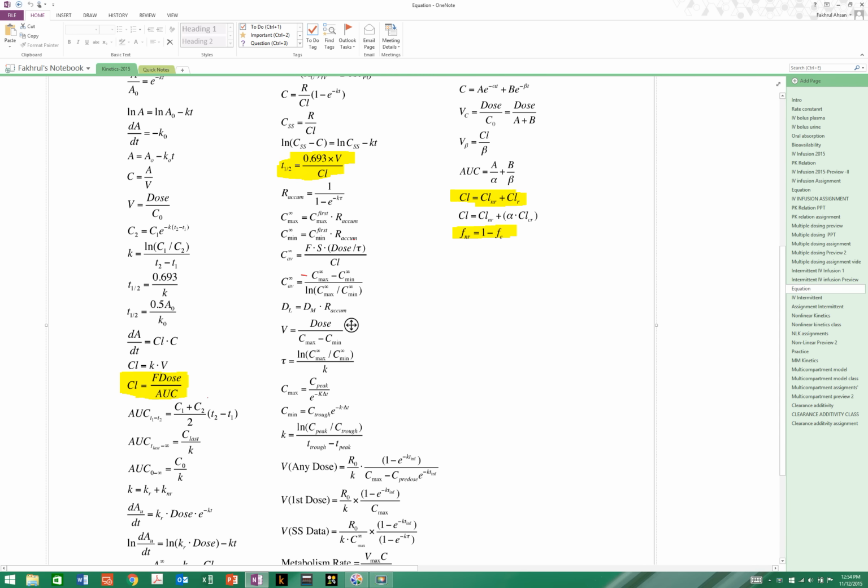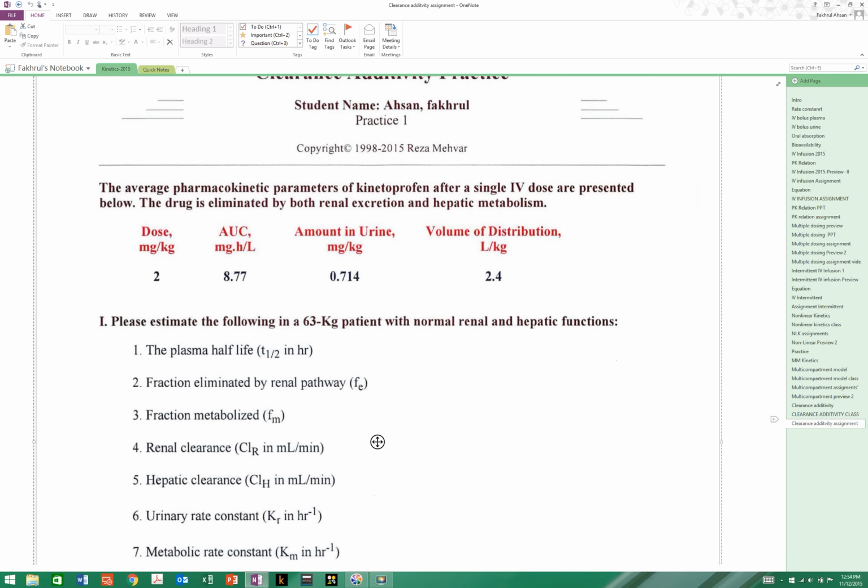We'll need these three equations, these two and here, and some other equation. I will go over those equations as I move along. First, let's look into the data.